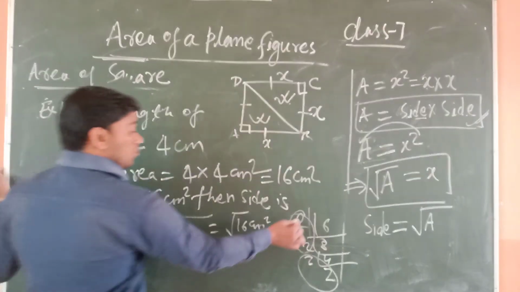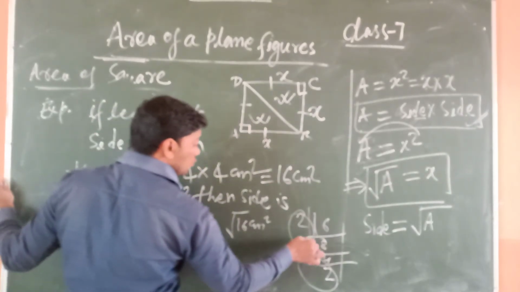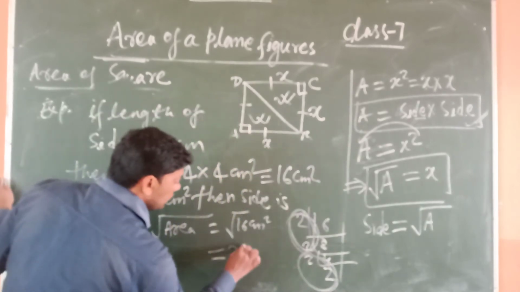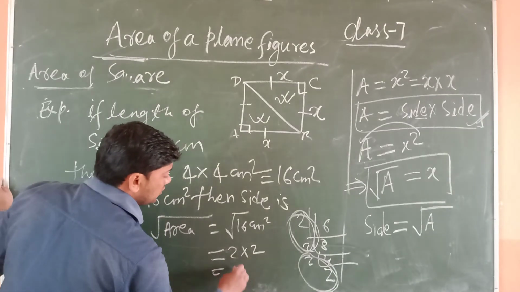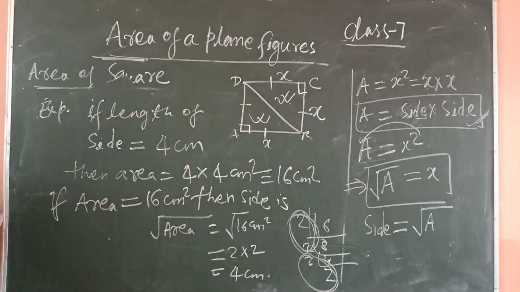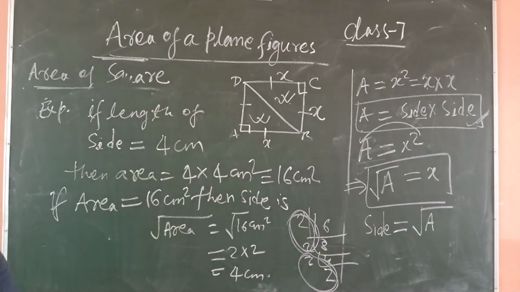See, 1 2 3 4, so 2 pairs, 2 into 2 is equal to 4 centimeter. So side is 4 centimeter and area is 16 cm square.